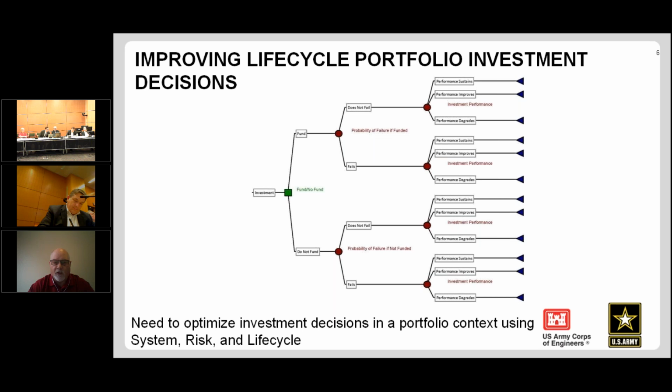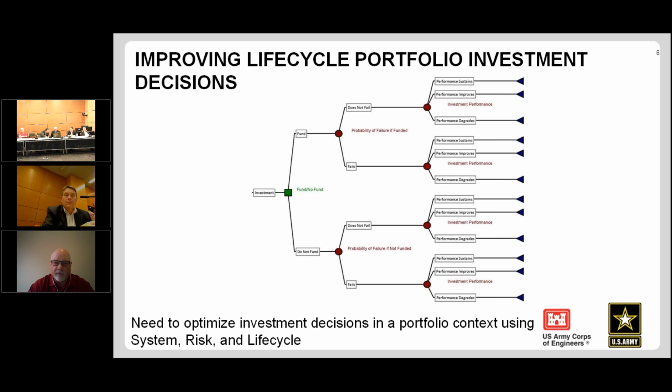You would think if you don't fund it, probably the does-fail would be a higher probability of happening, and then the does-not-fail would be less likely. And the reason that we bring this is to show, as you continue to go down this chart, that as you choose to make investments, you measure risk in each of your investments, and you can actually apply probabilities to this.